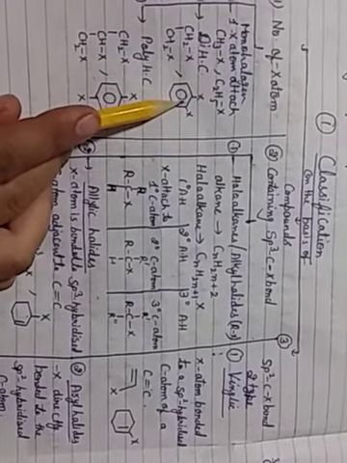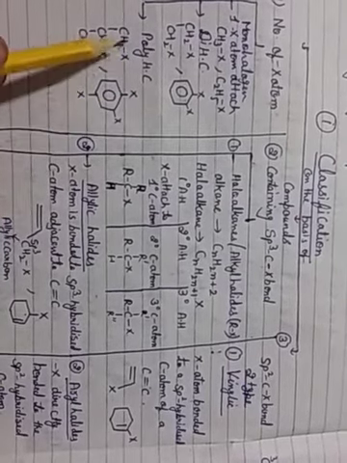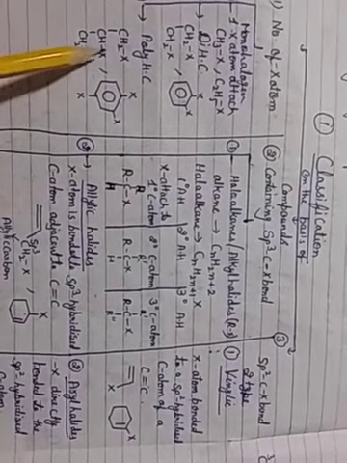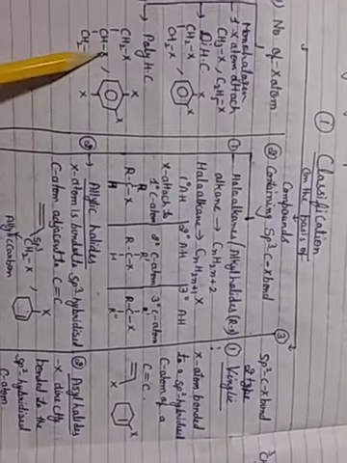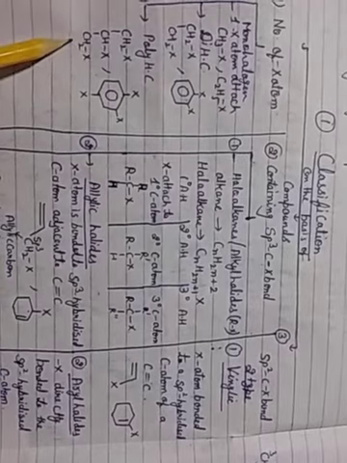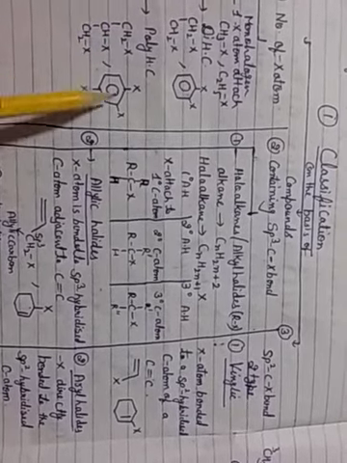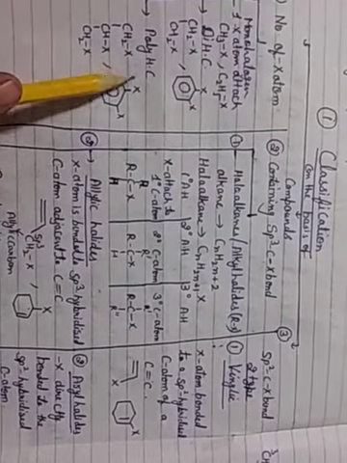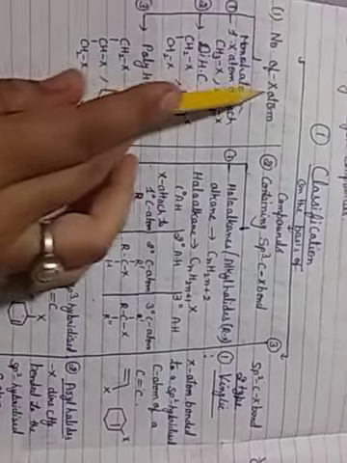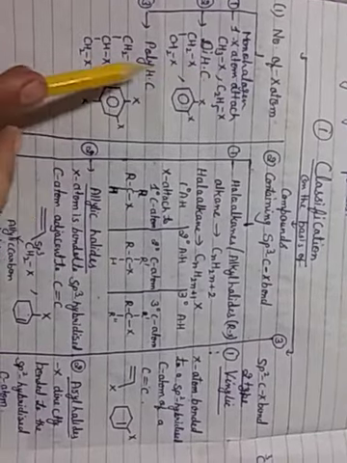Third is the polyhalogen compound, with more than two halogens attached to a carbon chain, like CH2X, CHX, CH2X, or to a benzene ring. So these are on the basis of the number of halogen atoms: monohalogen, dihalogen, and polyhalogen compounds.